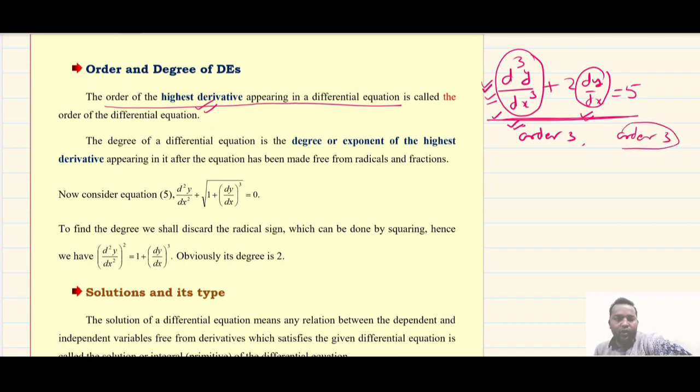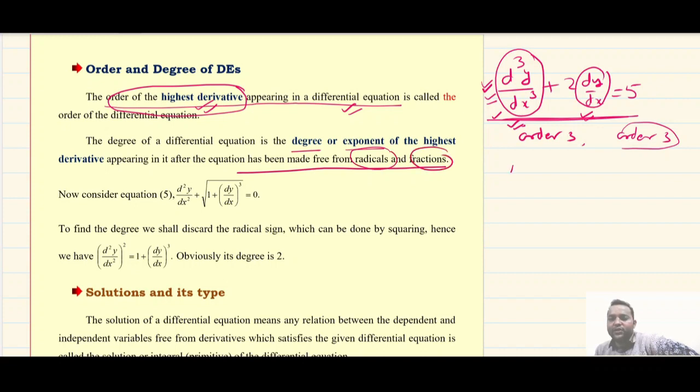So, the order of a differential equation is the order of the highest derivative present in the given equation. And degree is the degree, or power, or exponent of the highest order differential coefficient present in the given equation when the equation is made free from radical signs or fractional powers.